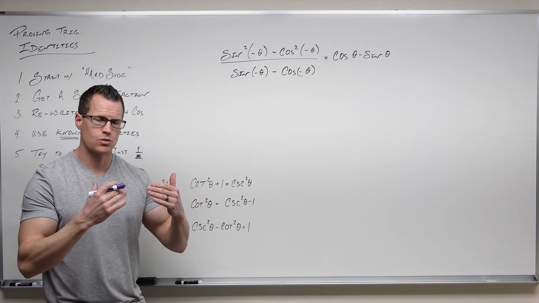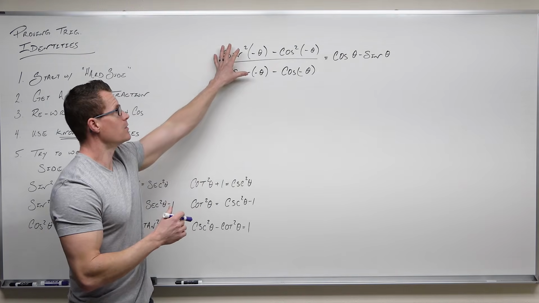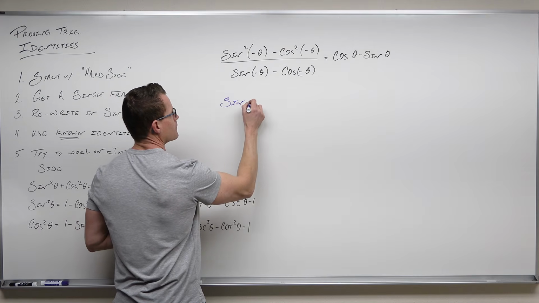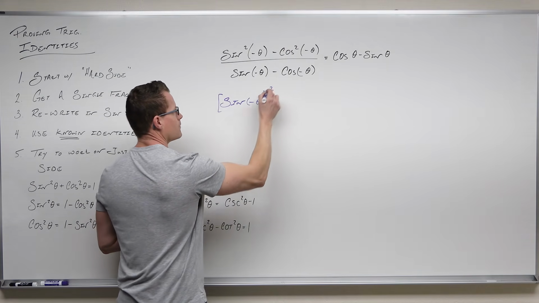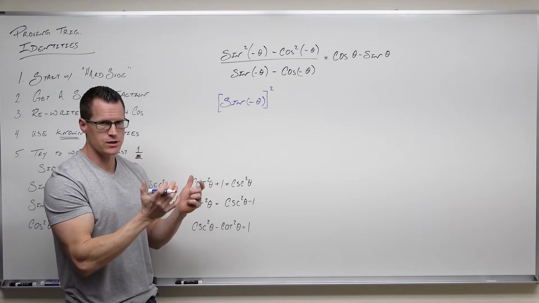So sine squared means sine of whatever that angle is, all to the second power. This really means sine of negative theta quantity squared.